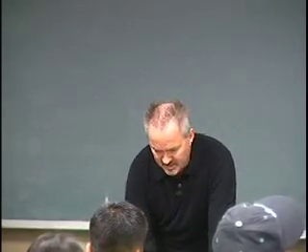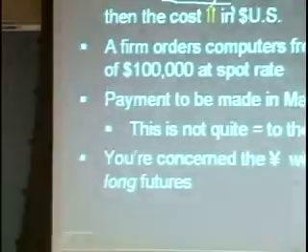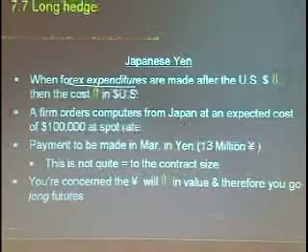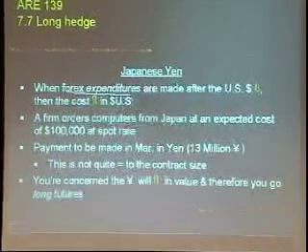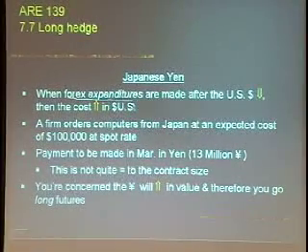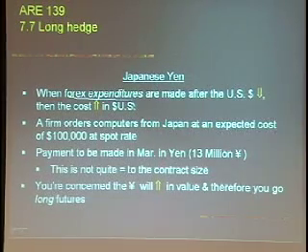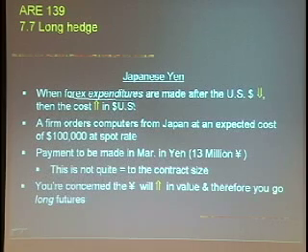So let's look at an example of foreign expenditures. If you're buying products overseas and you're paying in the foreign currency, and you're worried about this dollar falling, right? Our president has been overseas telling people that the dollar's too strong, it should fall.